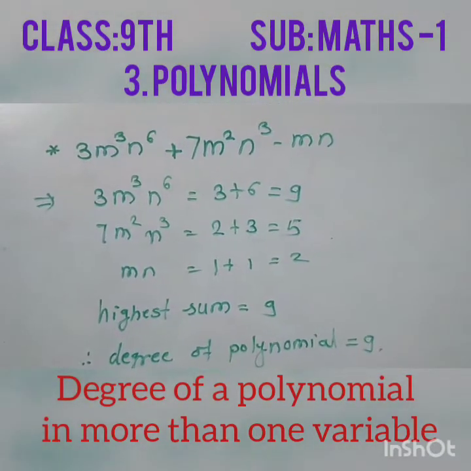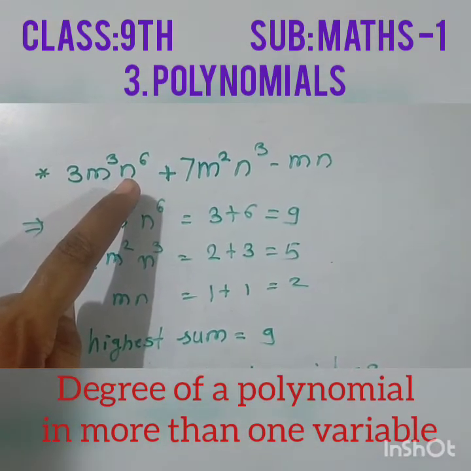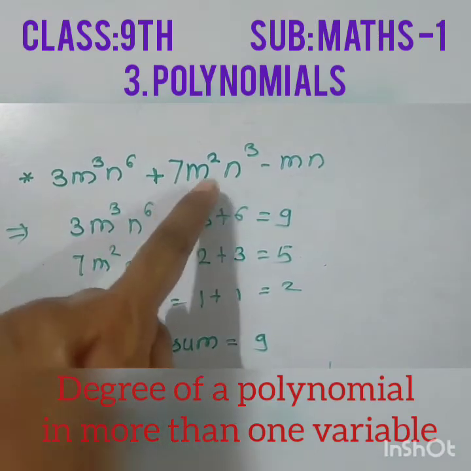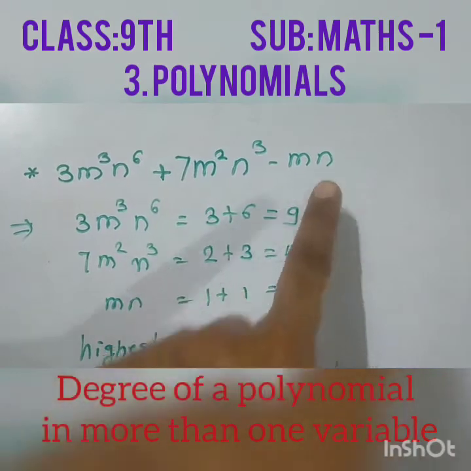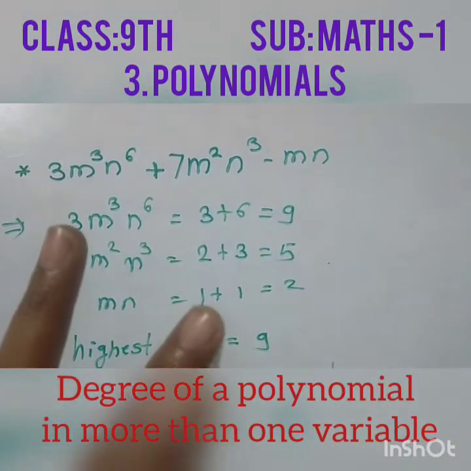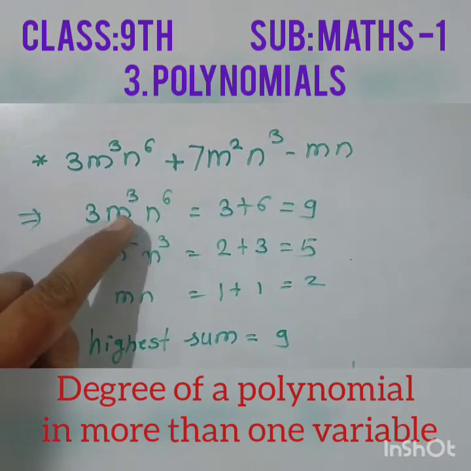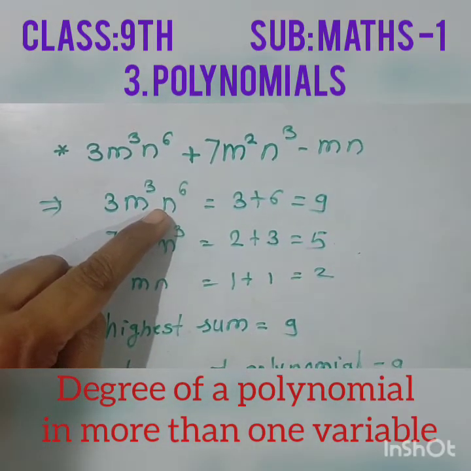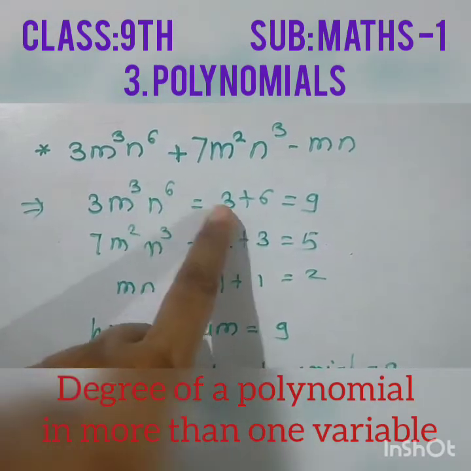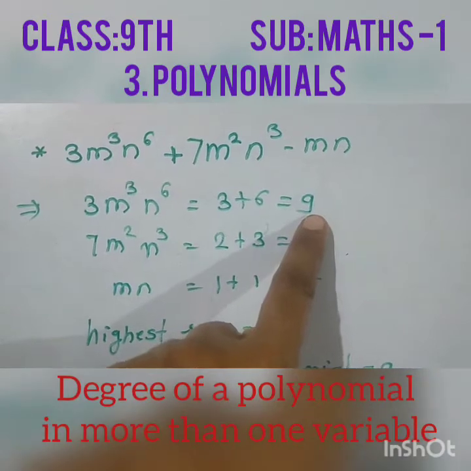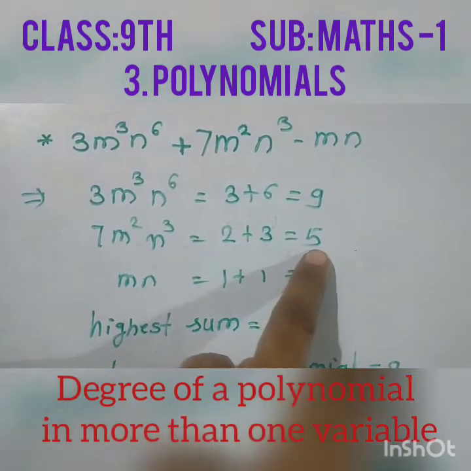For example, 3m cube n to the power 6 plus 7m square n cube minus mn. In this, there are two variables, m and n. In the first term, 3m cube n to the power 6, when we take the sum of the powers, 3 plus 6 equals 9. In the second term, 2 plus 3 equals 5.